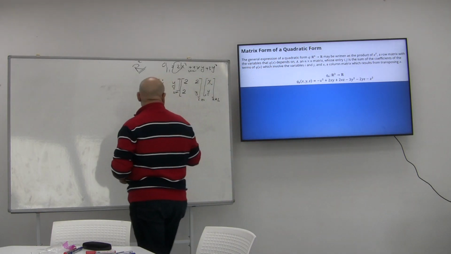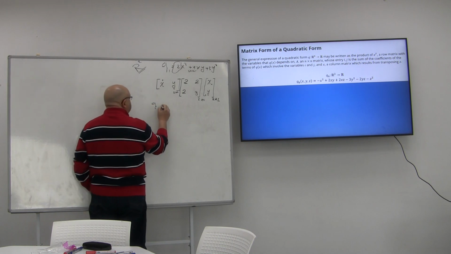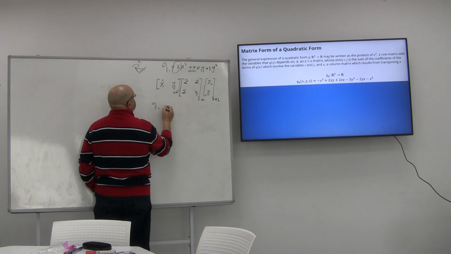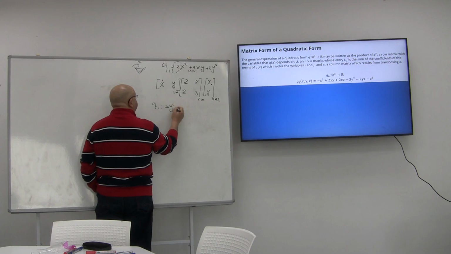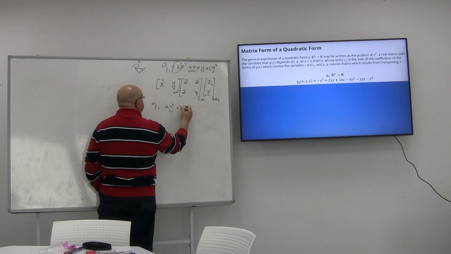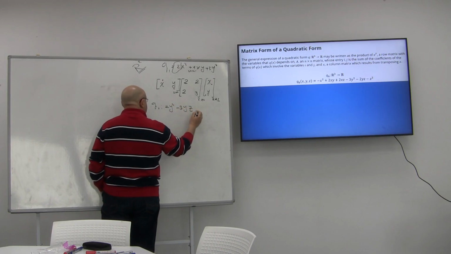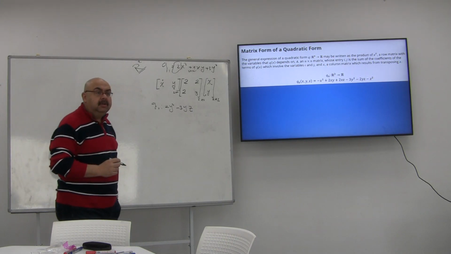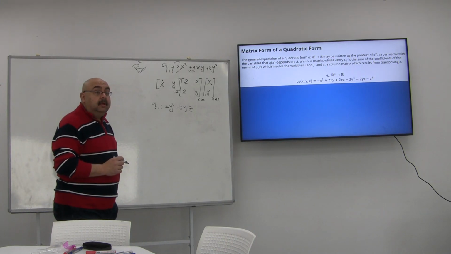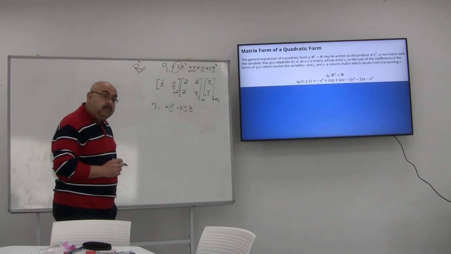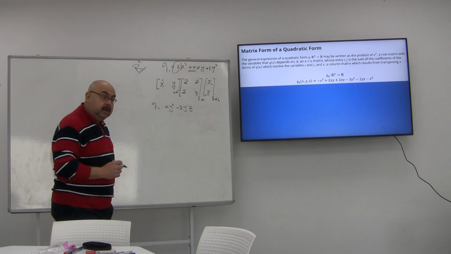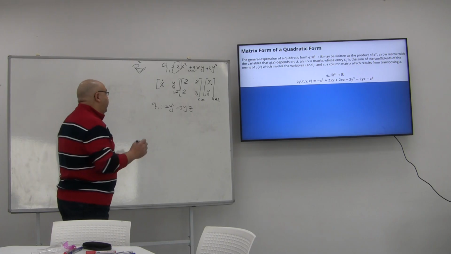What about this one? Q2, for example, it's 2 y squared minus 3 y z, and that's it. Can you give it to me? This is an R2, yes, this is an R2 quadratic form. So what are the dependent variables?